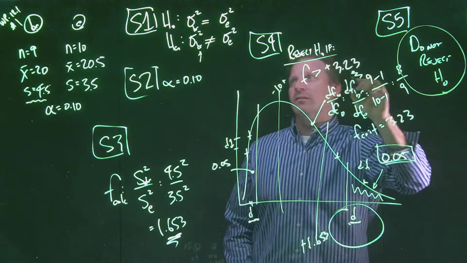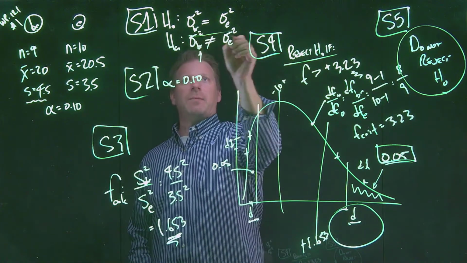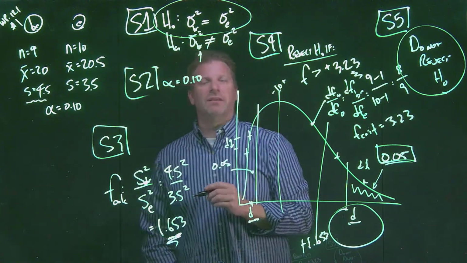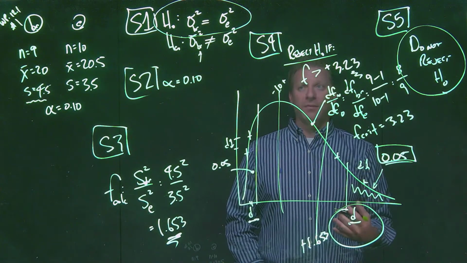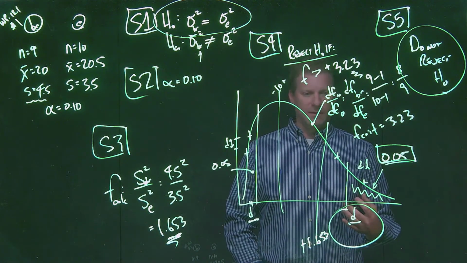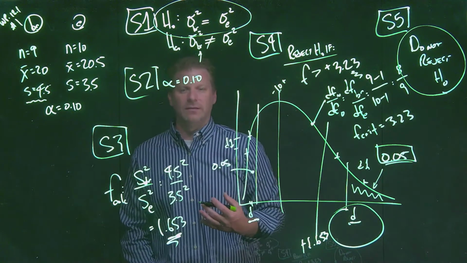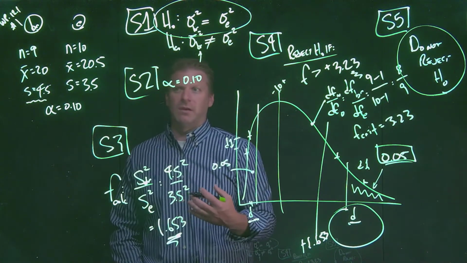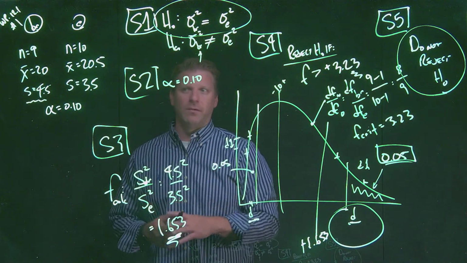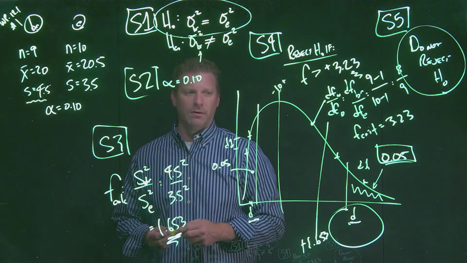We've now made our decision. It appears as though from our sample information that there is a difference in the variances, but when we run that through our hypothesis testing model, we can't say with statistical support that it couldn't be due to just the general probability driving those numbers.